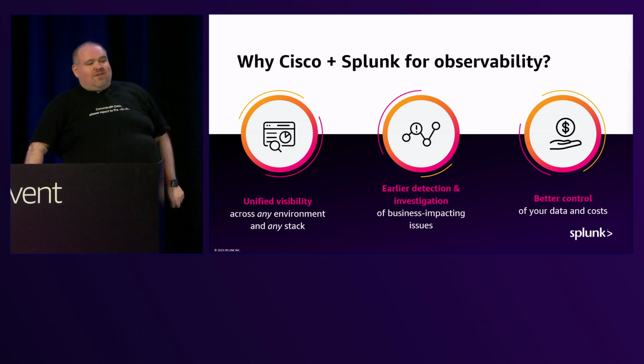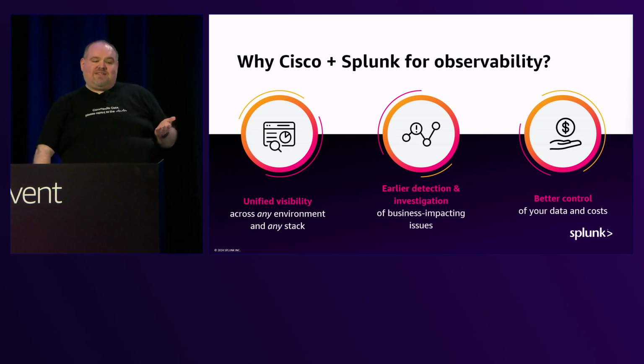The other thing is dealing with costs. I work for a vendor. Observability is expensive, can be expensive, let's say. And one of the ways that you can help cut down those costs is by sending the right kind of data and using filtering at the source so that you don't even send the data in the first place.